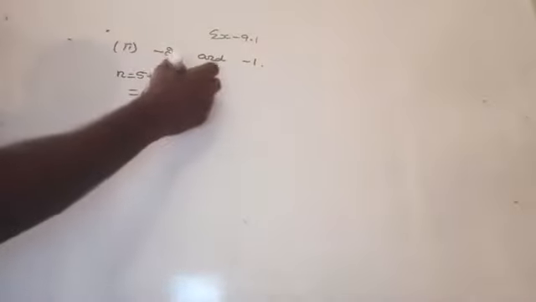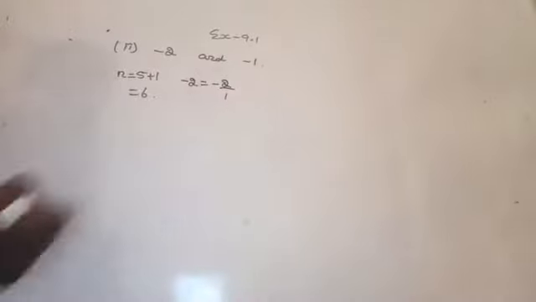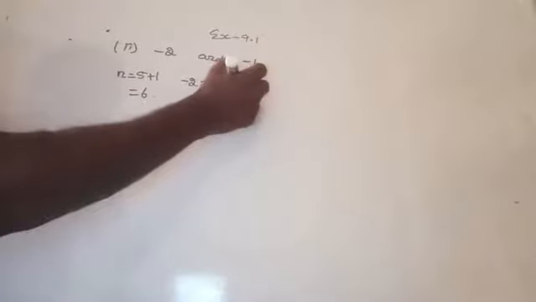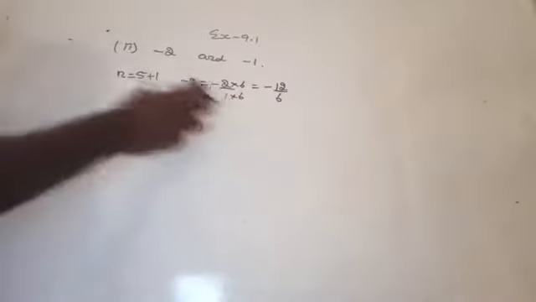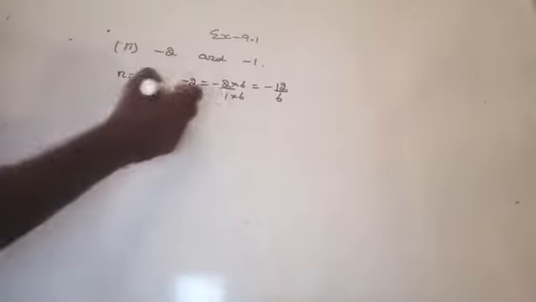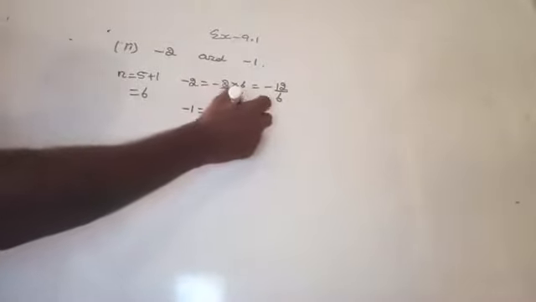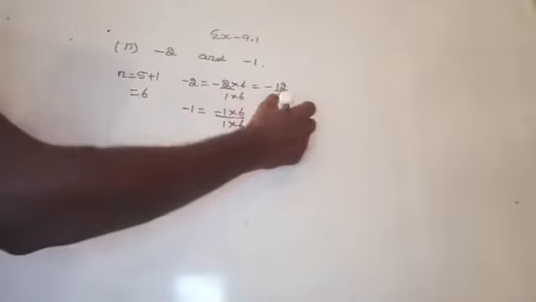So minus 2 can be written as minus 2 by 1, and then write down the equivalent fraction. Multiply by 6, then it will be minus 12 by 6. Minus 12 by 6 is nothing but minus 2 only. Are you getting there? Yes. Then minus 1 means minus 1 into 6 by 1 into 6, which is equal to minus 6 by 6.